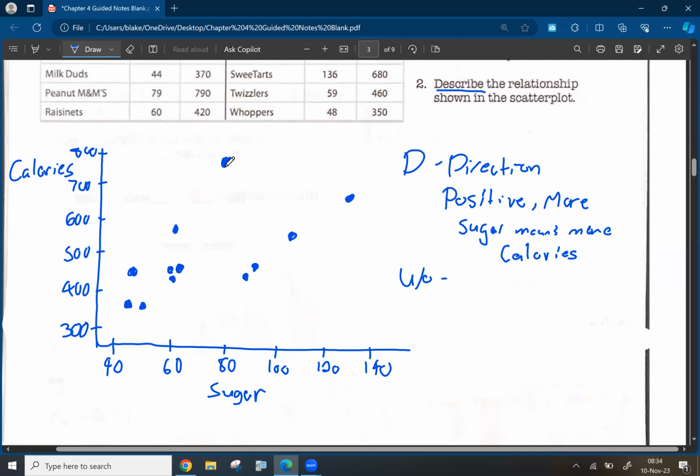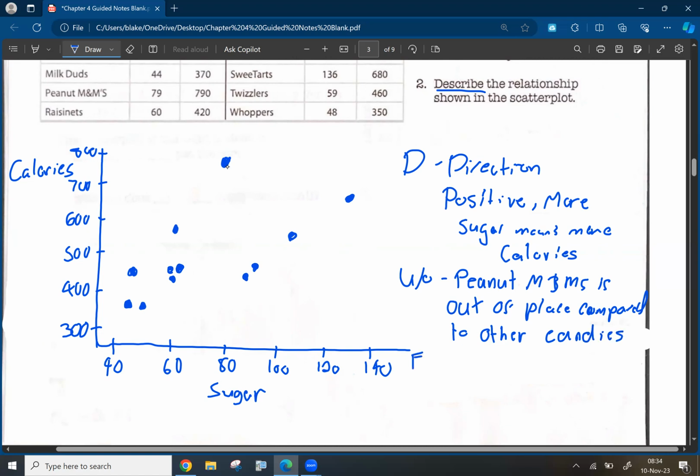So this peanut M&Ms point is a bit out of place, so I'm going to go with that as my unusual feature. So peanut M&Ms is out of place compared to other candies.